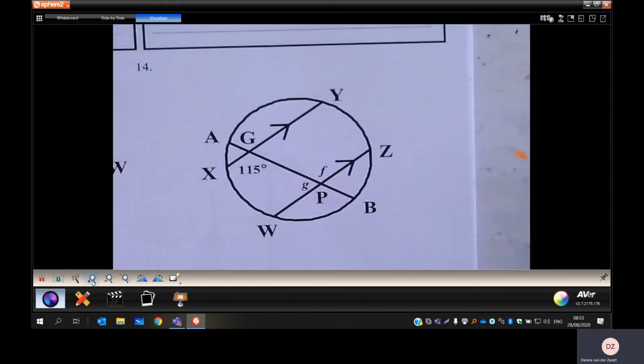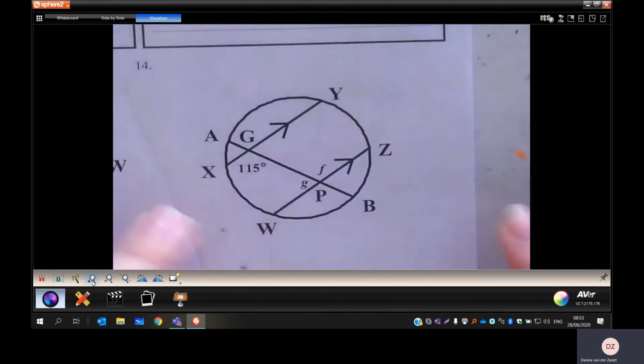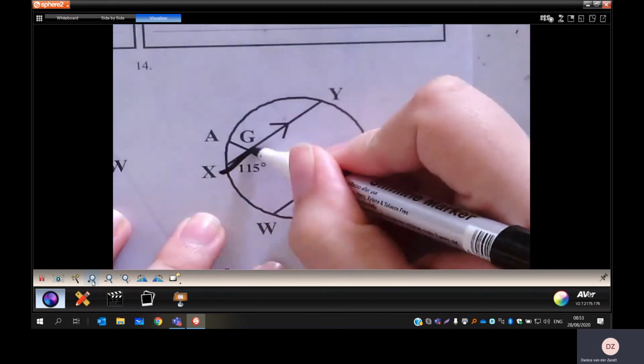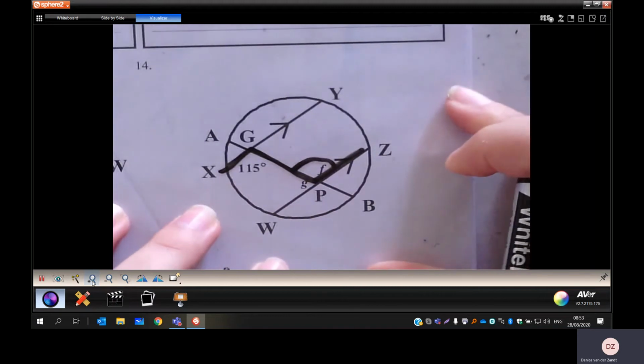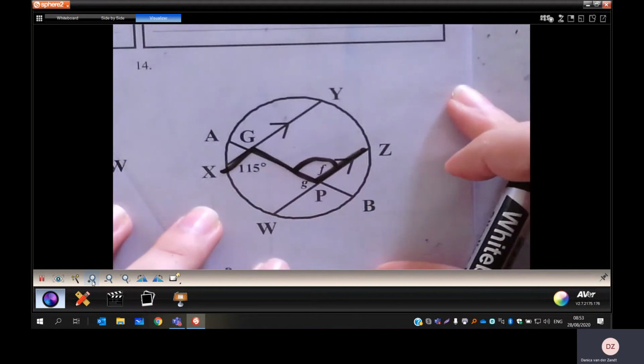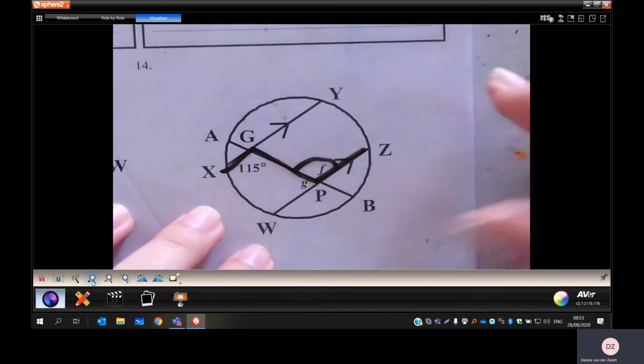Okay. Number 14 was actually quite a nice one. I could do F quite easily using alternate angles first. So F would also be 15 degrees. XY is parallel to ZW or WZ.